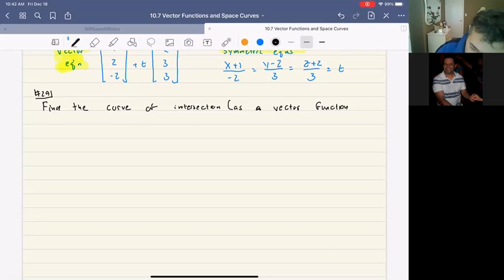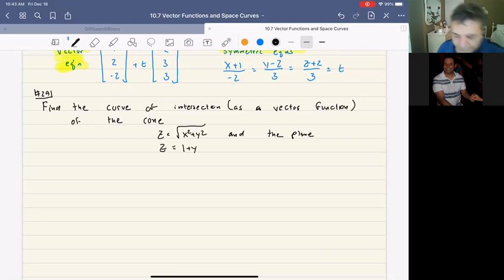This is number 29, incidentally. The curve of intersection of the cone z equals the square root of x squared plus y squared, and the plane z equals 1 plus y. What we're trying to do is find out where these two things are equal, of course. So let's set the two z's equal to each other.